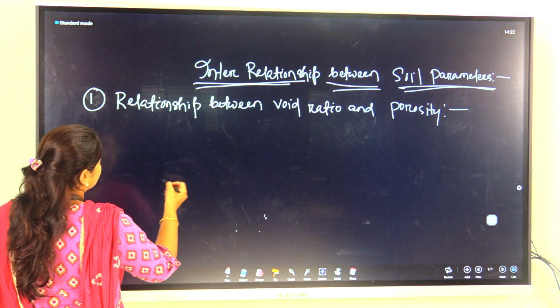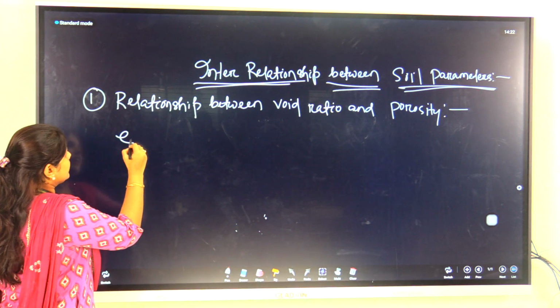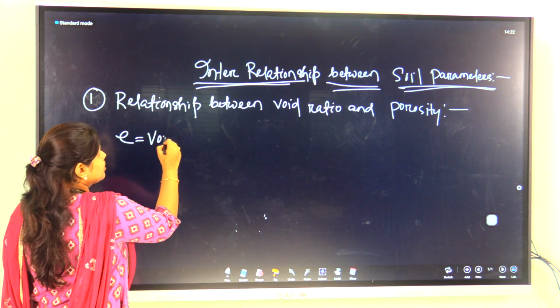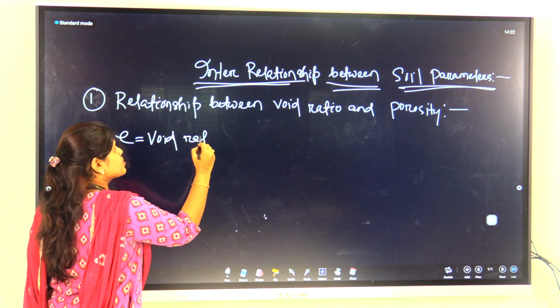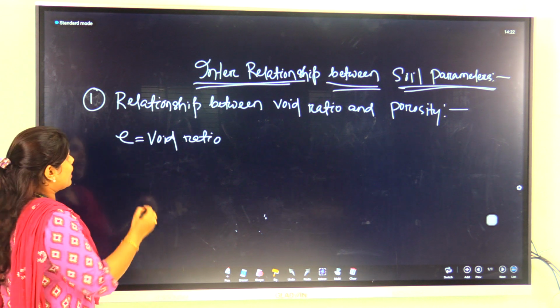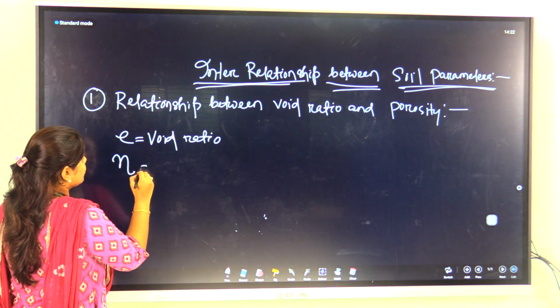The symbol of void ratio is e. e equals our void ratio, and porosity is eta.